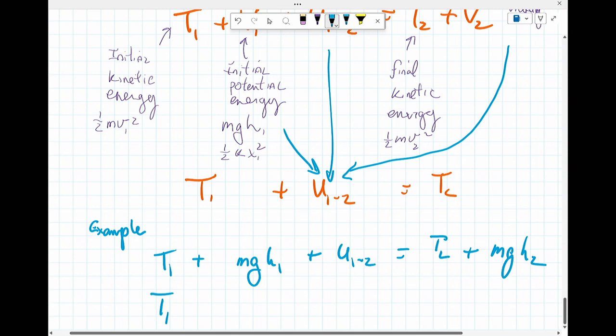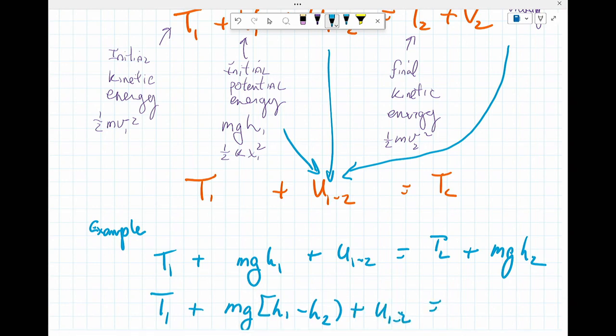I end up with T1 plus mg(h1 minus h2) plus work 1 to 2 equals T2.